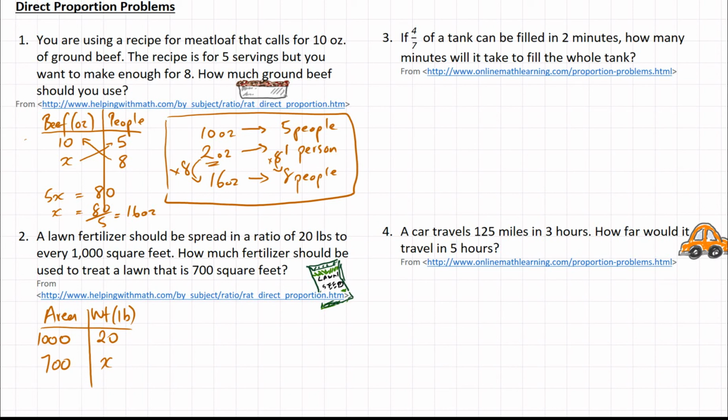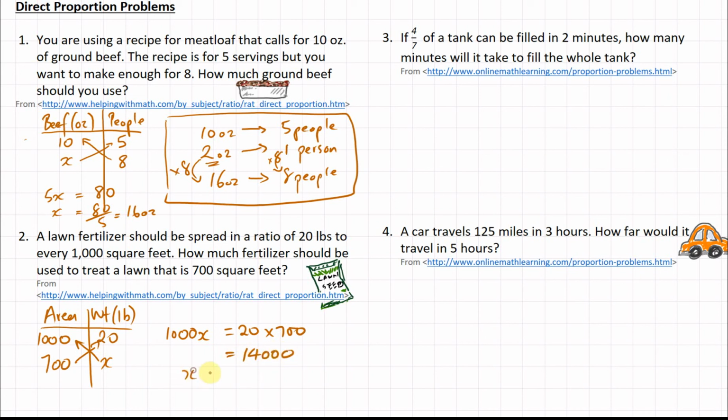So let's write an equation here. So multiplying 1,000 times x is equal to 20 times 700, which is 14,000.